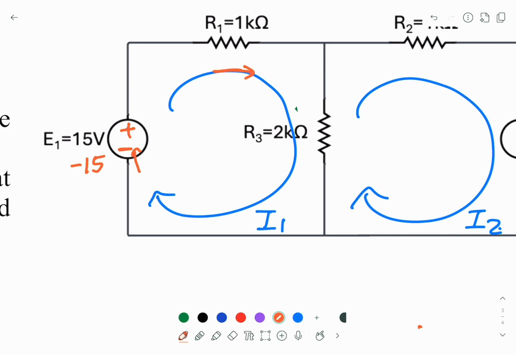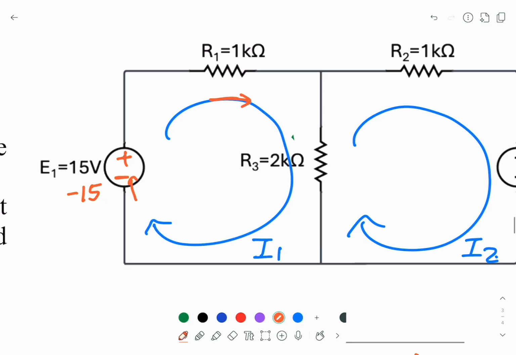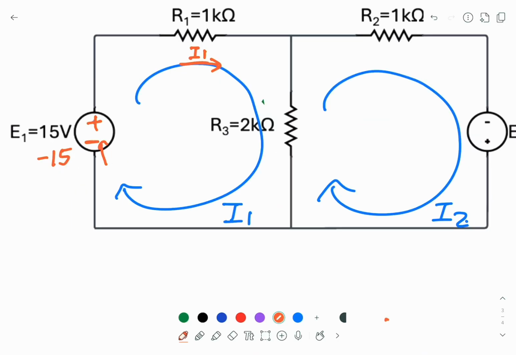I1 passes through R1. So I1 is here. The potential difference across R1 is the 1K resistance multiplied by I1, by Ohm's law. Through R3, I1 passes down, and on the other side we have I2 going up.